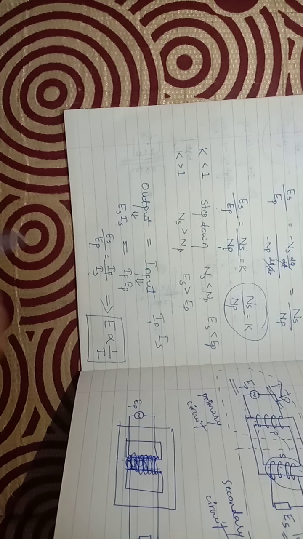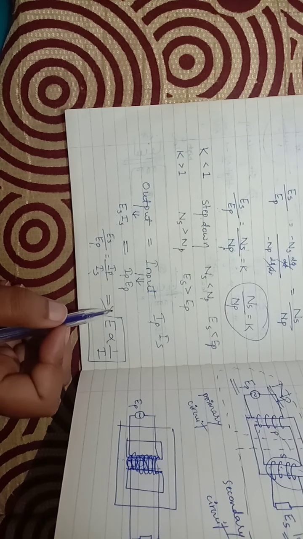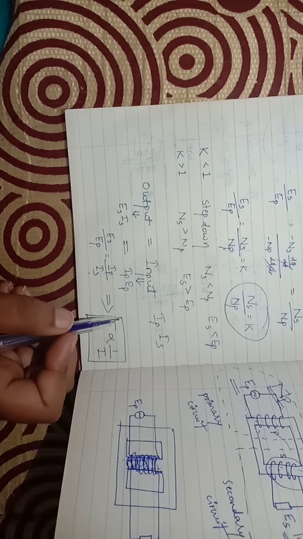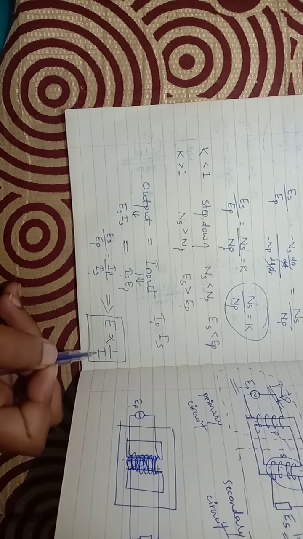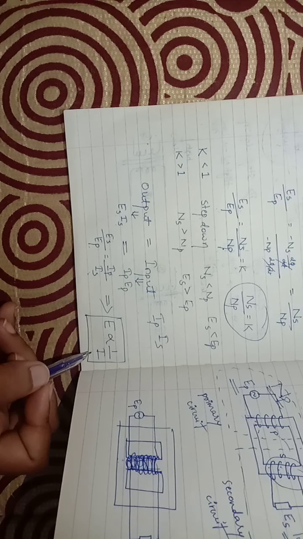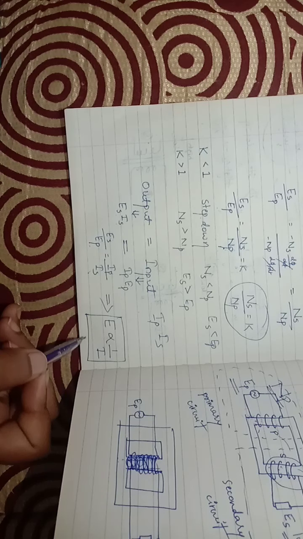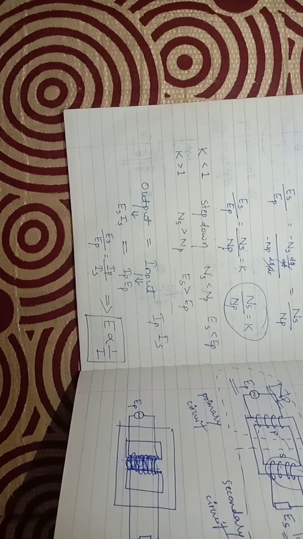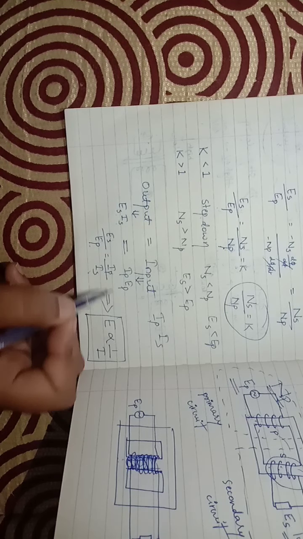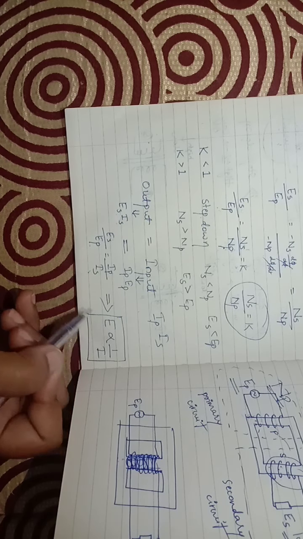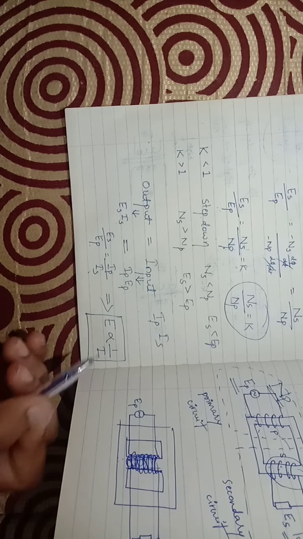Means the voltage increases with decrease in the current. In the definition only we told that high alternating voltage at low current is converted into low alternating voltage at high current.